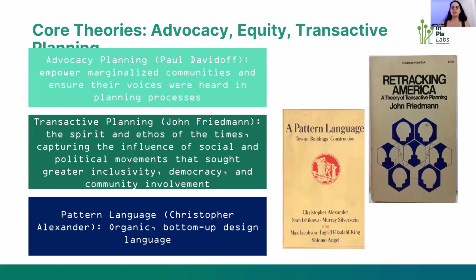After the years, of course, this approach, this mentality, affected a lot of practitioners of the time, and several approaches and theories combined, let's say, framed the participatory planning approach.